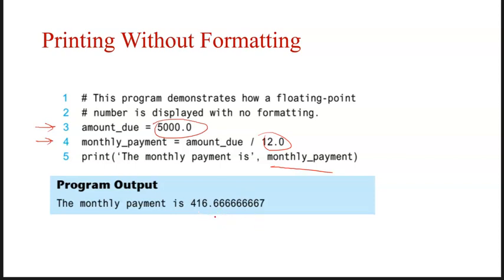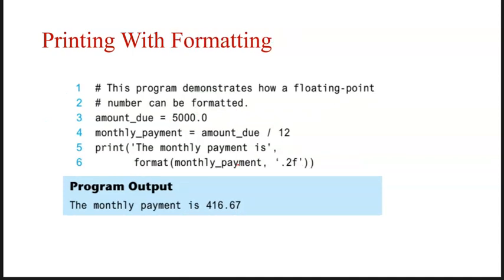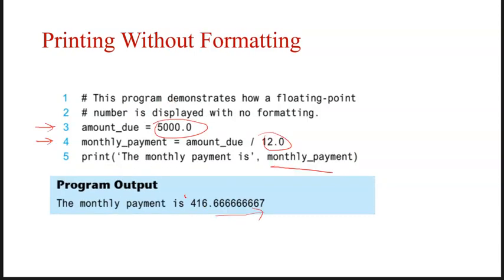In other words, it prints out all the digits after the decimal place allowed by the precision of the machine. You don't typically want your numbers to look like this when you're presenting them, right?